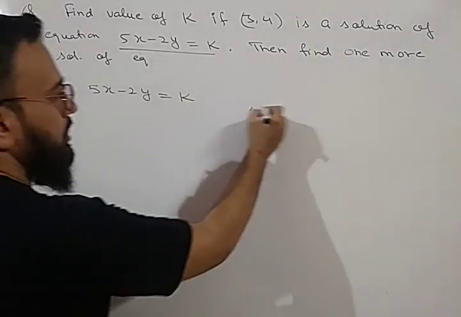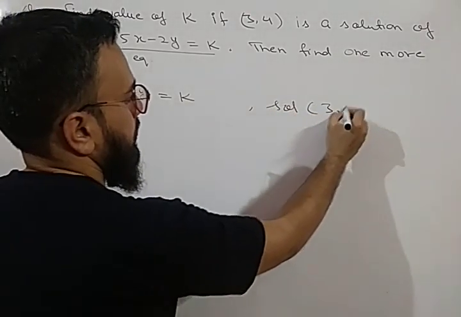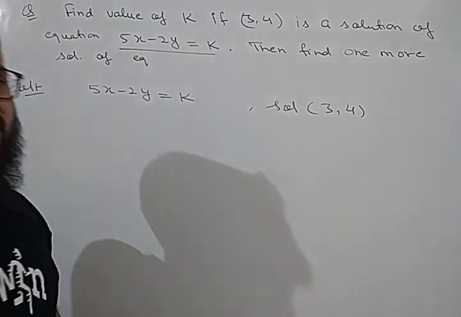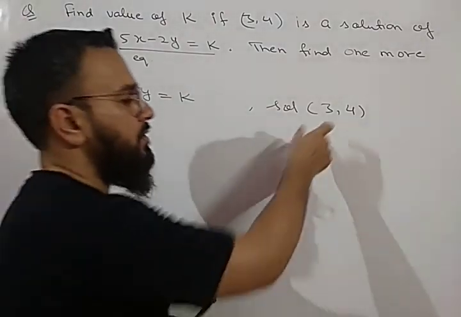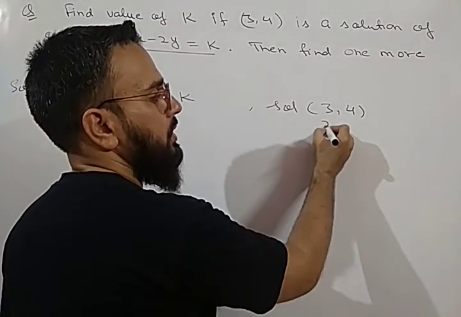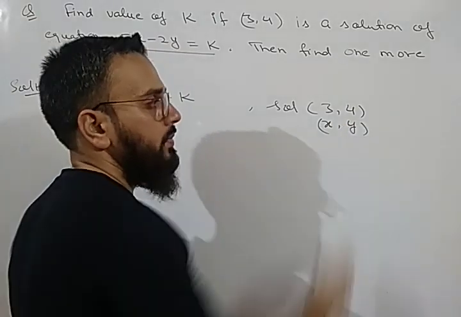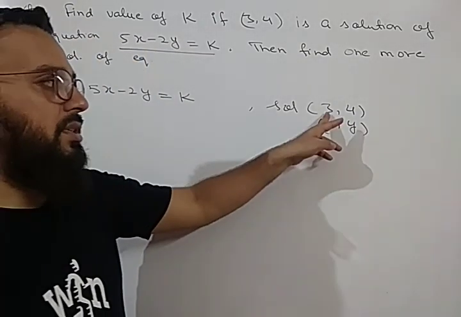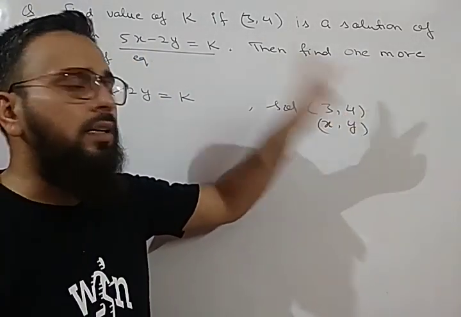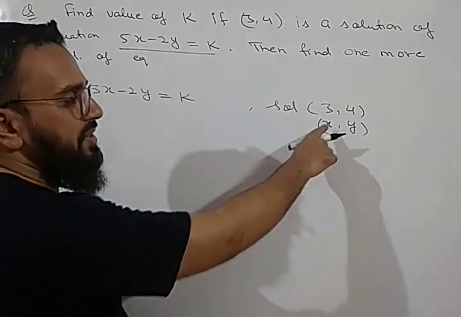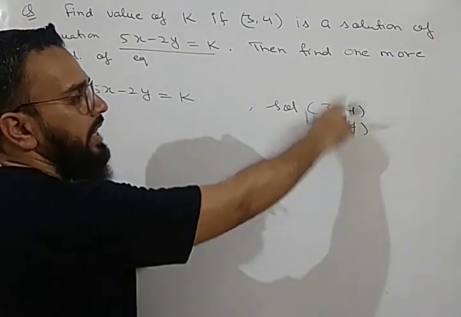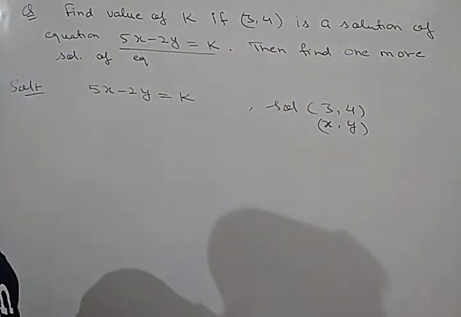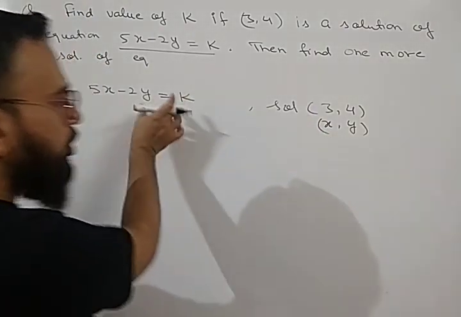And what is the solution? Solution is 3, 4. So as we all know, what is the meaning of solution? It is the ordered pair x, y. It means the first term is the value of x and second is the value of y. It means we have been given the value of x is equal to 3 and y is equal to 4. And this is the solution of this equation.